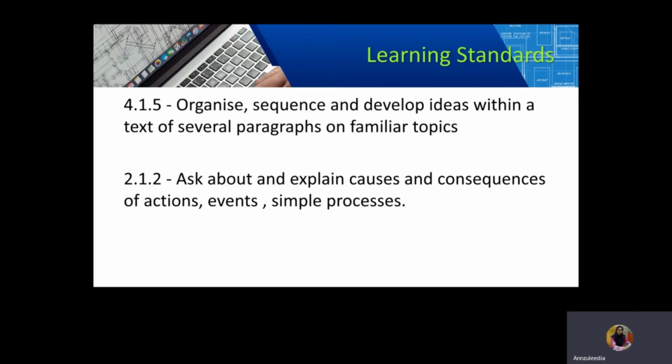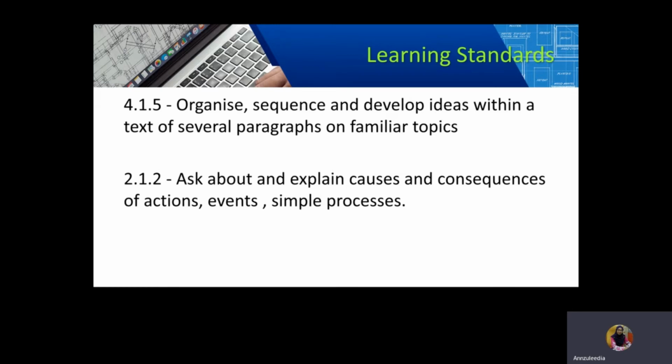The learning standards are 4.1.5, organize, sequence, and develop ideas within a text of several paragraphs on familiar topics. And the complementary learning standard is 2.1.2, ask about and explain causes and consequences of actions, events, simple processes. Now, bear in mind, if you are in class, the complementary skill can be carried out. But since we are under MCO, we will not carry that out.